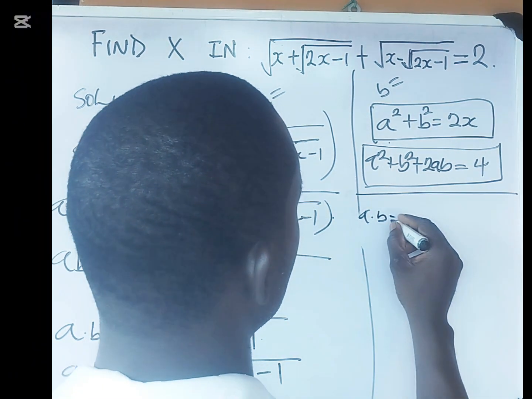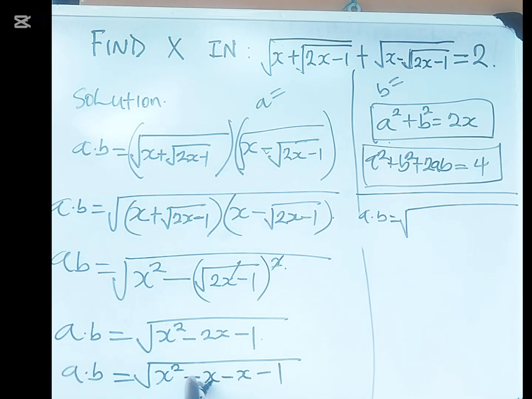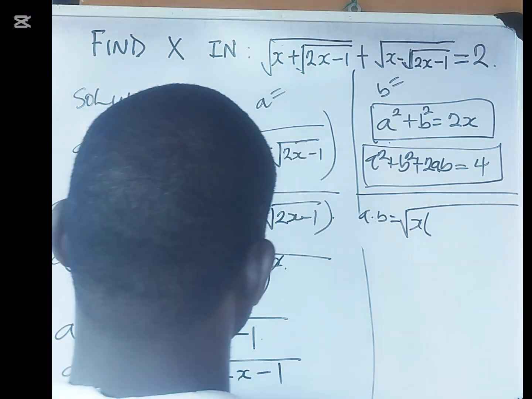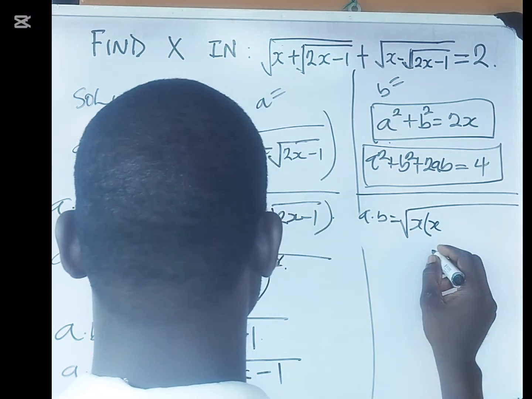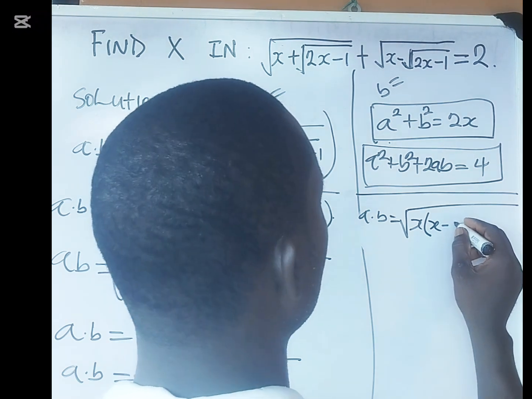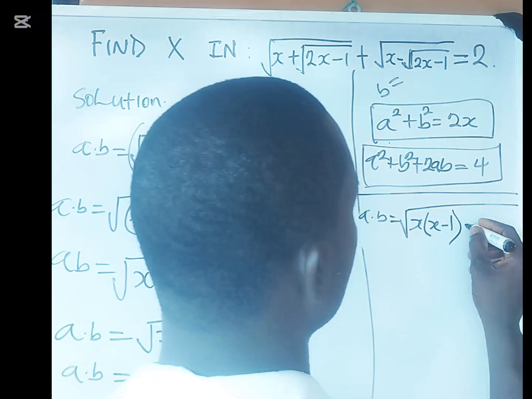A times B will be equal to root of, how do you factorize this? If you check these two terms, x is common. So bring that x, I will have x minus 1. If you check these two terms, minus 1 is common.